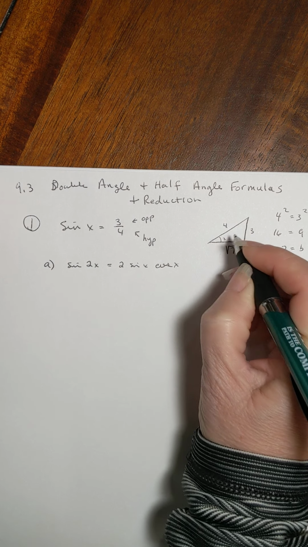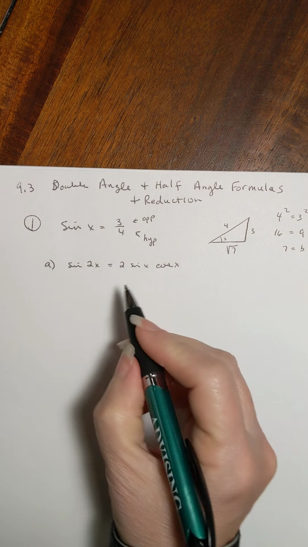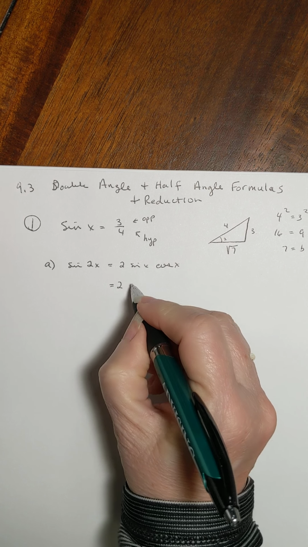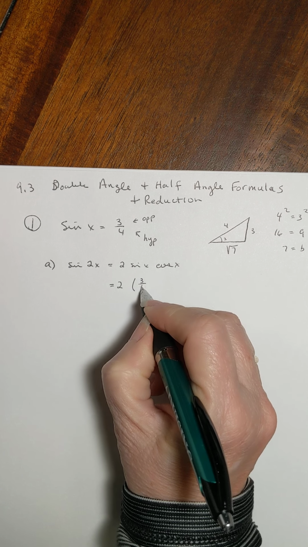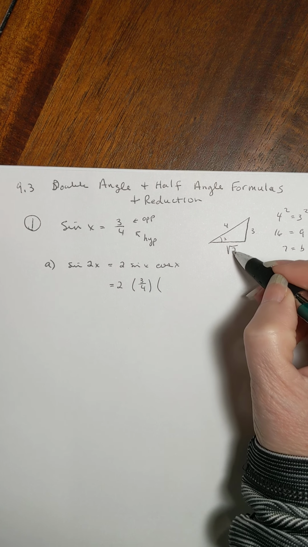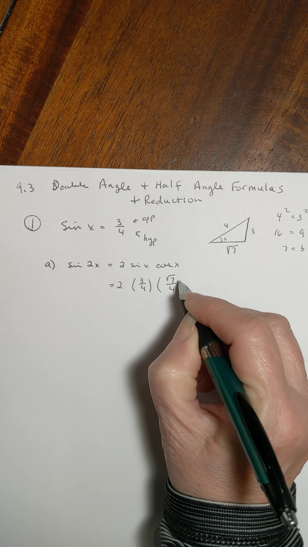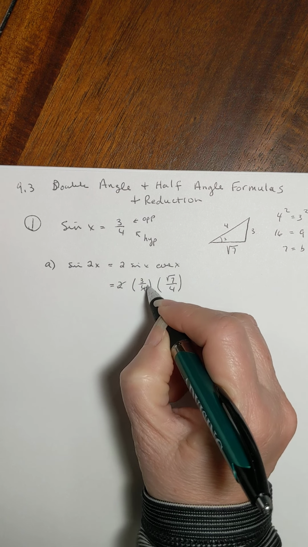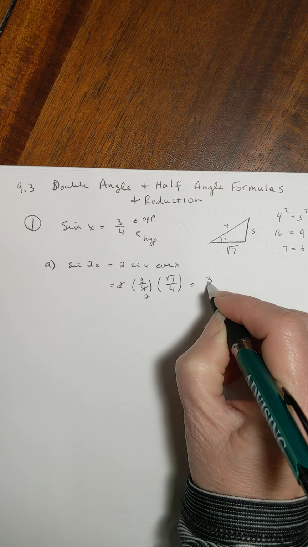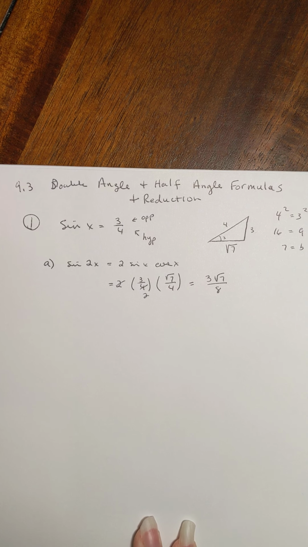And here's x. And so it would be 2 times the sine of x, opposite over hypotenuse, times the cosine of x, which is adjacent over hypotenuse. And then the 2 and the 4 will cancel to give me a 2 here. And so I get 3 square root of 7 over 8. And so that's the first one.